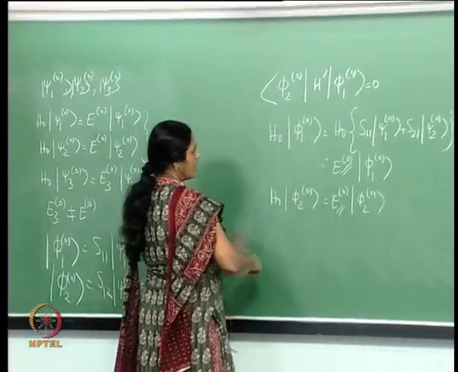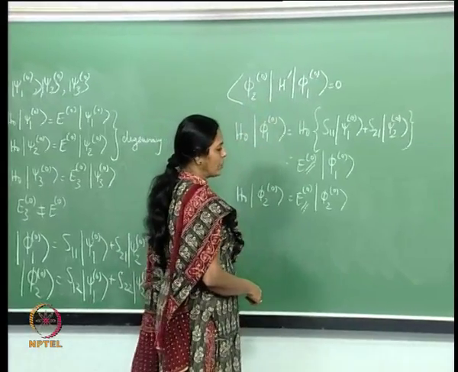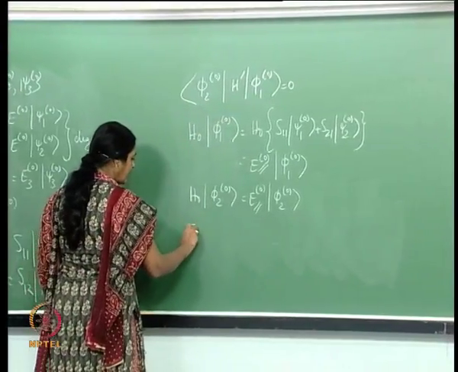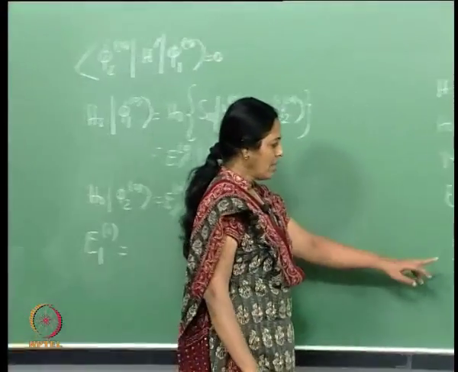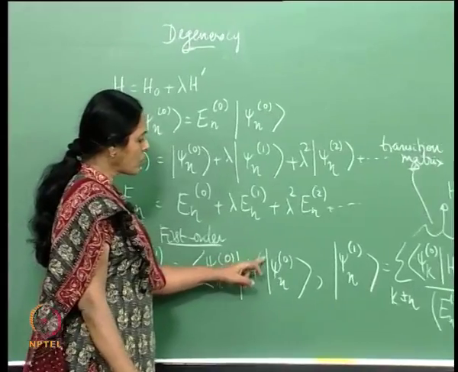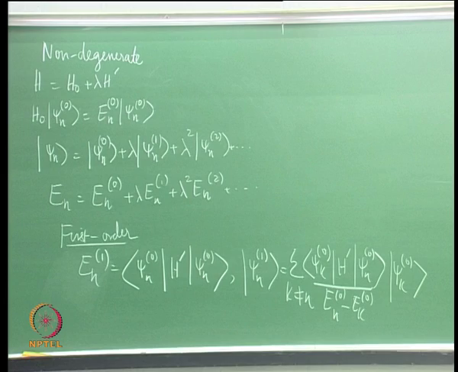Then what happens? Suppose I work with phi 1 0 and phi 2 0. It is clear that E 1 1 has to be computed in the unperturbed basis, but now for the degenerate states the unperturbed basis states are phi 1 0 and phi 2 0.